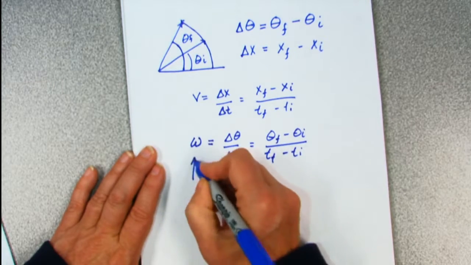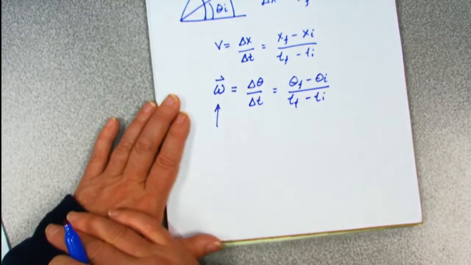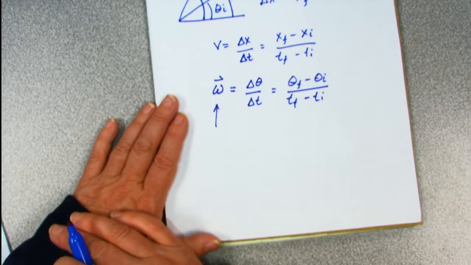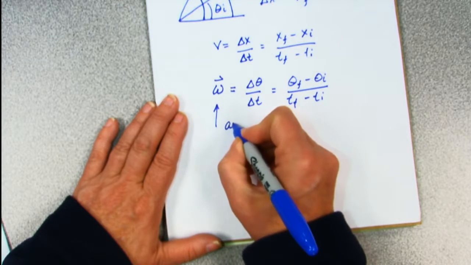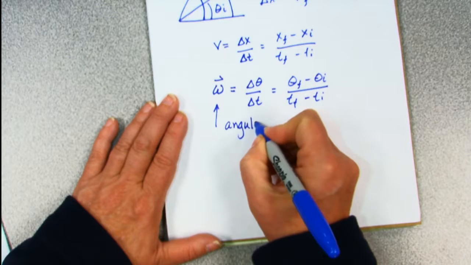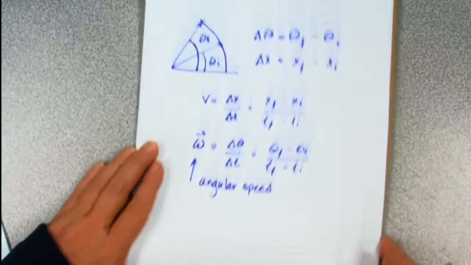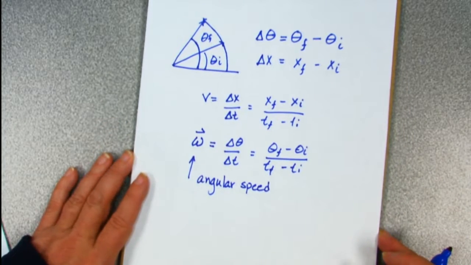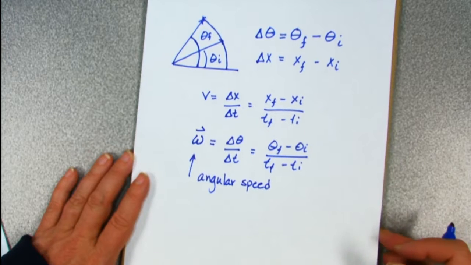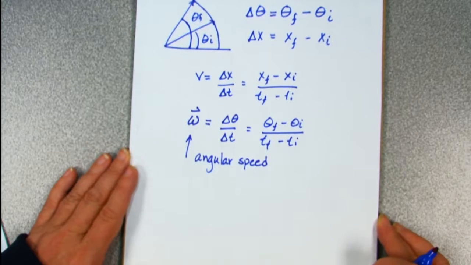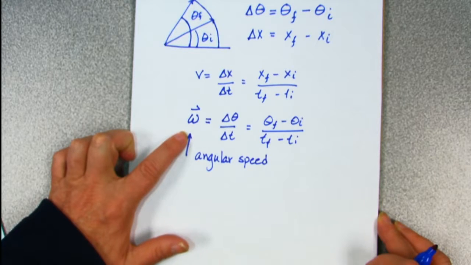And this has direction. It has direction, but we can also talk about an angular speed. And if I use my right-hand rule, the direction is out of the paper. With my angular speed, this is a little omega.